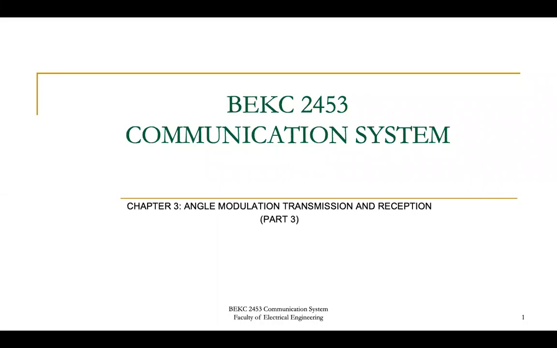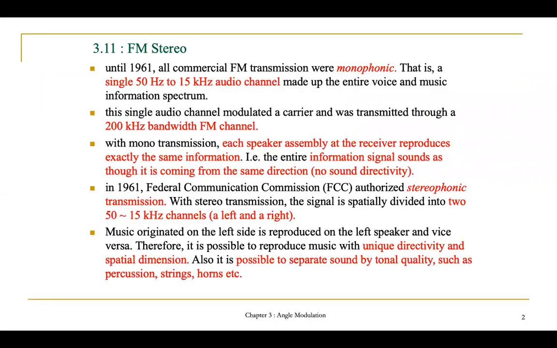Okay, so without further ado, let's start with the FM stereo. The first slide here is basically the history of FM stereo transmission. It all started before 1961. All commercial FM transmissions were monophonic.